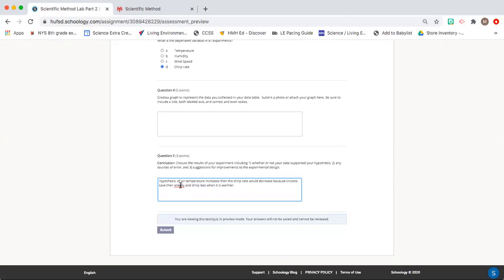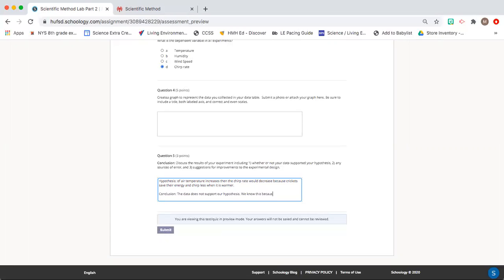So our hypothesis was something similar to that. Based on our data, we now know that this is not true. So in our case, the data does not support our hypothesis. So our conclusion would be something like, the data does not support our hypothesis.